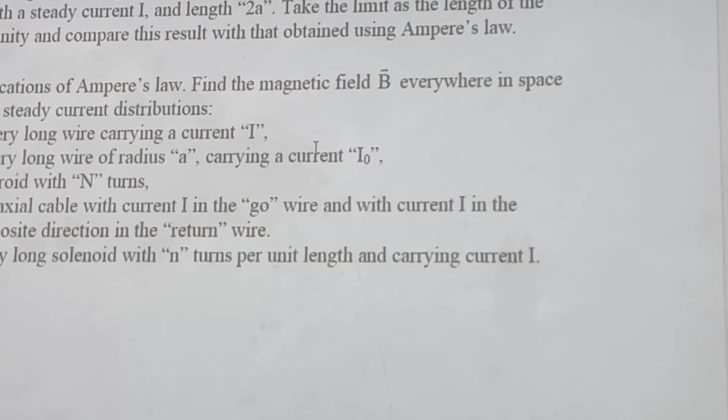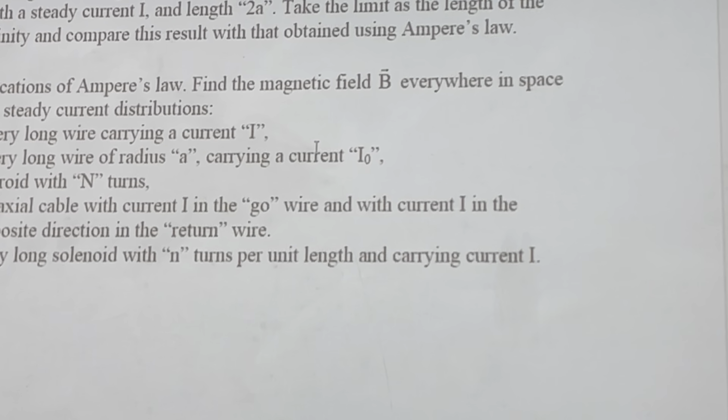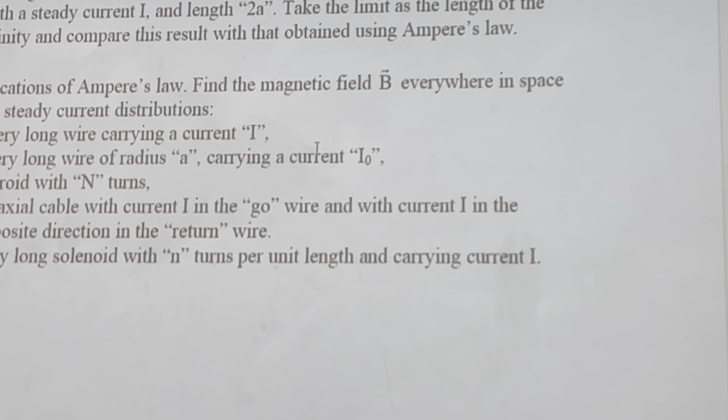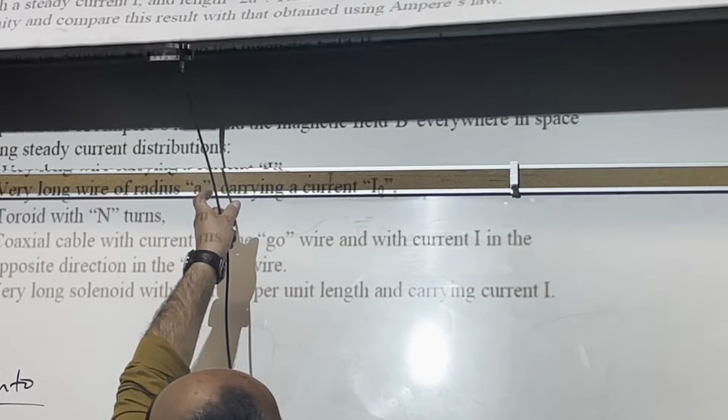What if we have a very long wire with a thickness to it, so the radius is A, it's straight, and the current is I naught, the total current, distributed uniformly. I didn't say that over there, but it's distributed uniformly.